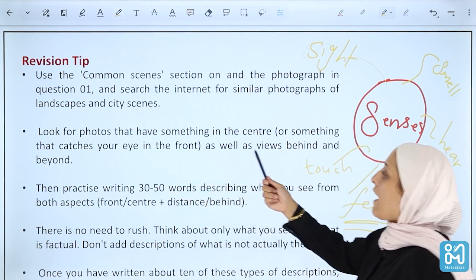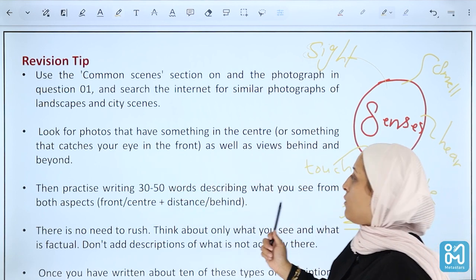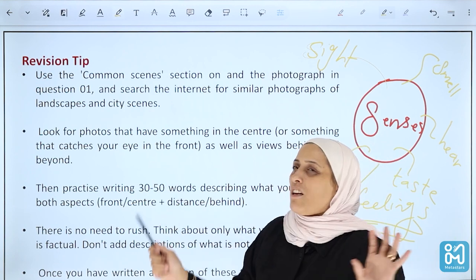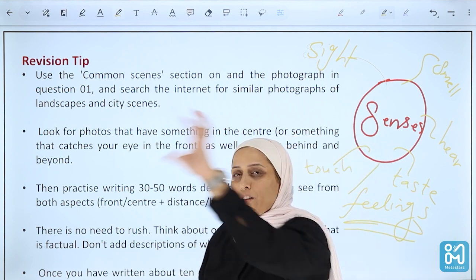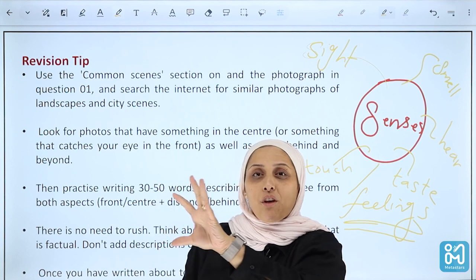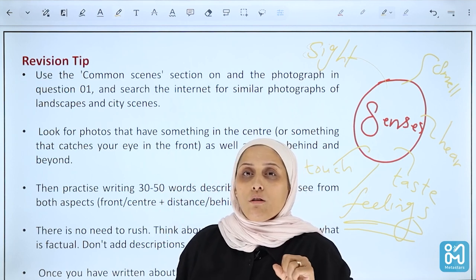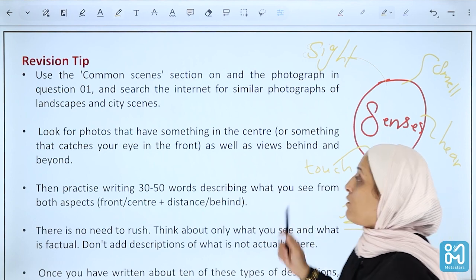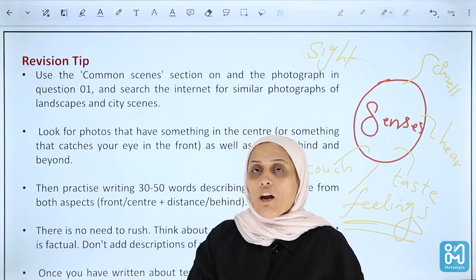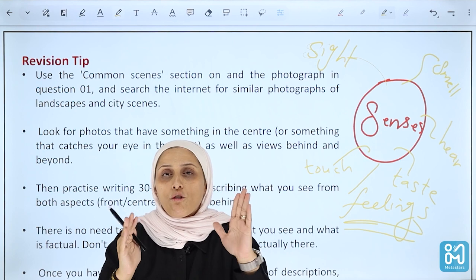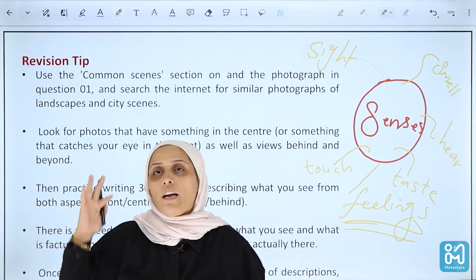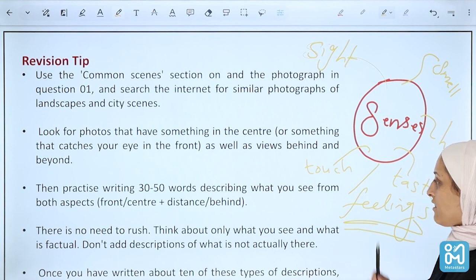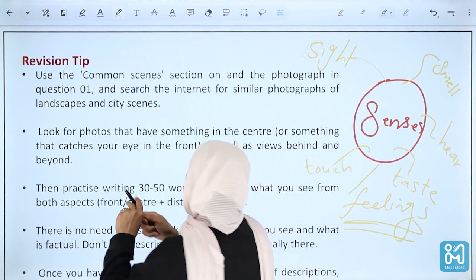Look for photos that have something in the center, as we mentioned before, or something that catches your eye in the front. Once I look at that photo, what is the first thing that caught my eye, as well as views behind and beyond. So it's not just about the photo cards, it's also about behind and beyond. Then practice writing 30 to 50 words describing what you see.